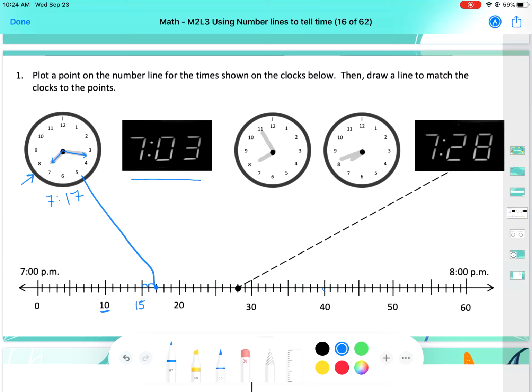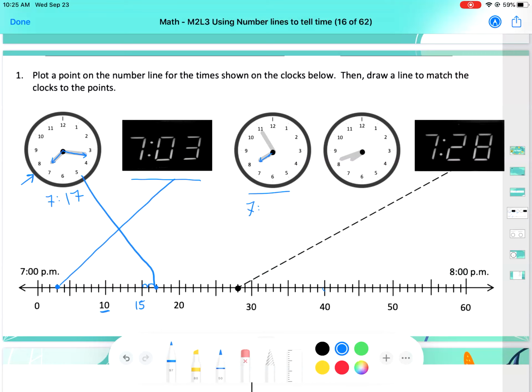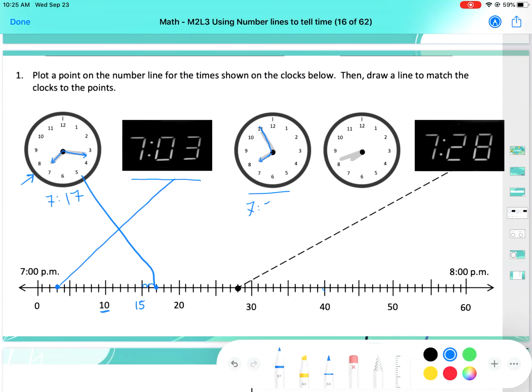Now the next one is 7:03. I'm going to find 7:03 on my number line, and draw a line to link them. Next one, let's look at the clock once again. It is almost 8 but not quite 8, so we know that it's still 7. When we check our longhand, it is 7:55.